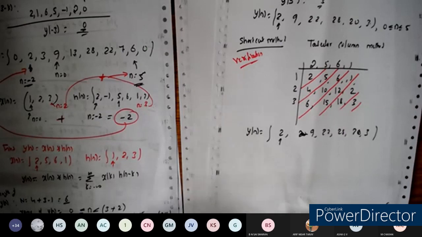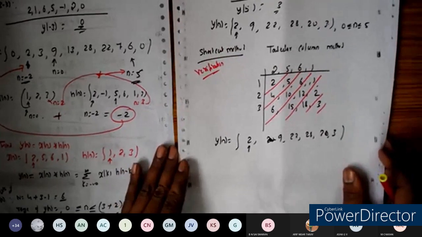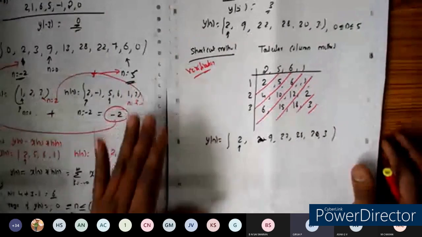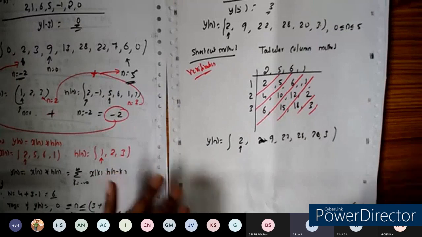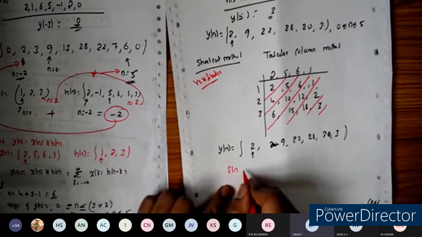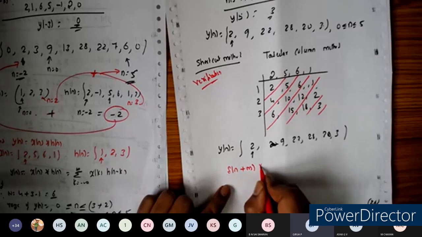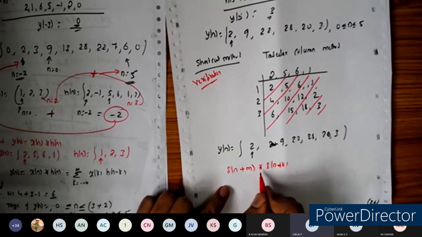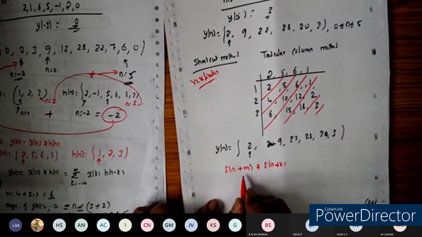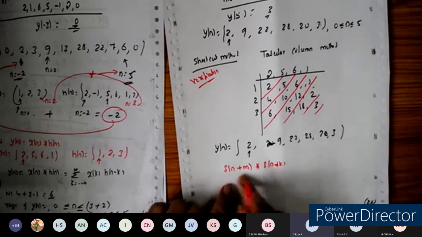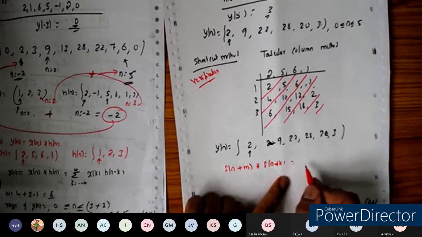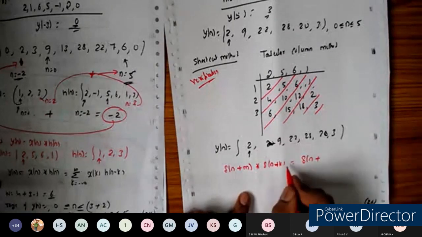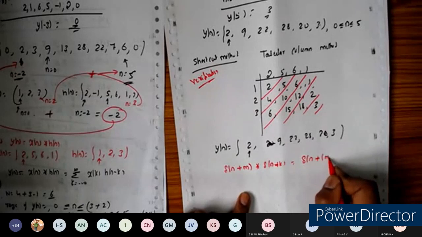Excuse me, sir. In impulse function, delta of n plus m into delta of n plus k, can you tell me the formula, sir? So delta of n plus m convolution with delta of n plus k will be equal to delta of n plus m plus k. Since both are plus, it will become m plus k.